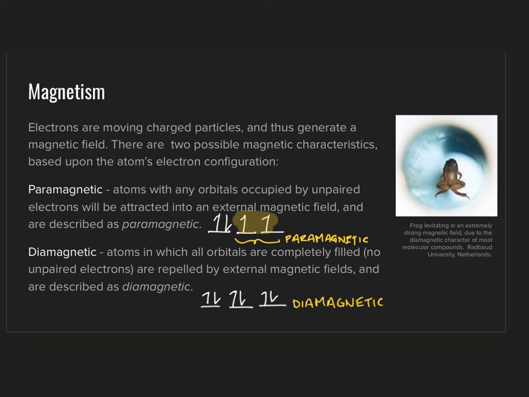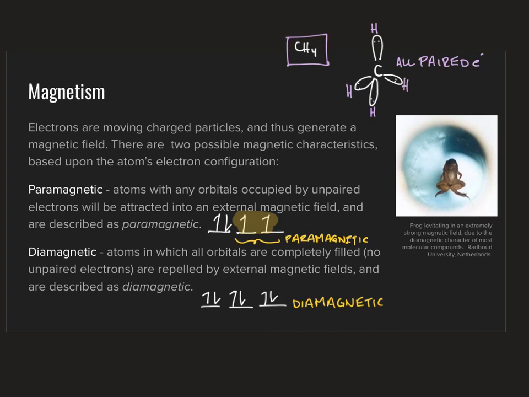Now, as an interesting side note, a video we showed you last year: because in molecular compounds the electrons pair off when atoms form bonds with one another, molecular compounds, for the most part, exhibit diamagnetism.